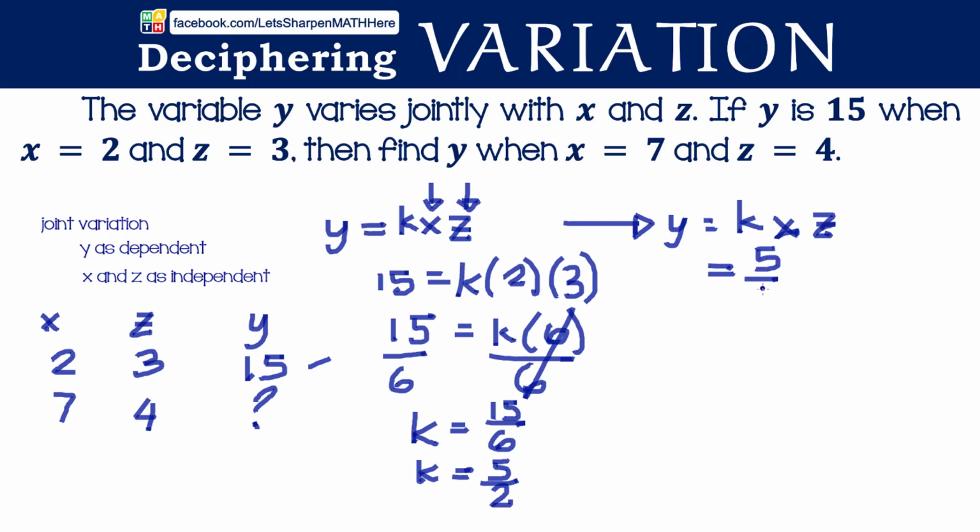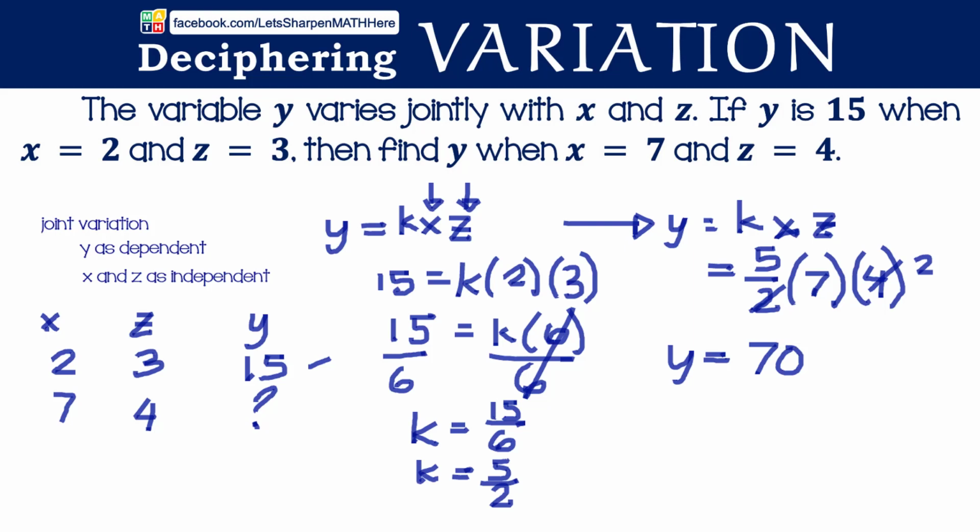It's okay to write in fractions so that it would be easier for you to cancel if there are things that could be canceled later. x is 7 and z is 4. Applying the correct rules here, 4 divided by 2 is 2. We will get a result of y, which is equal to 5 times 7 is 35, times 2. You will have 70.